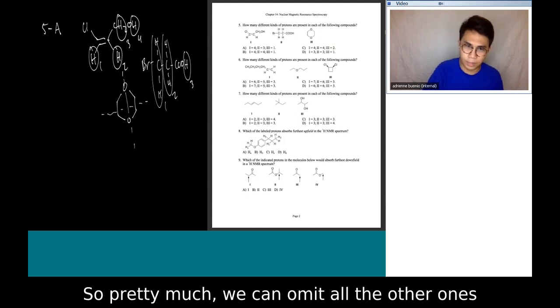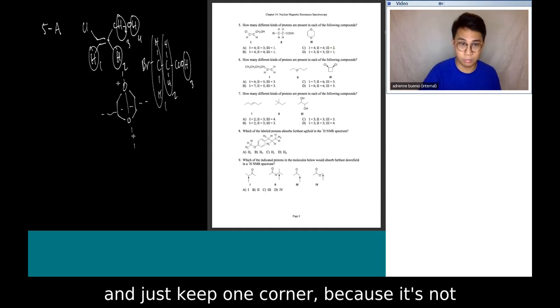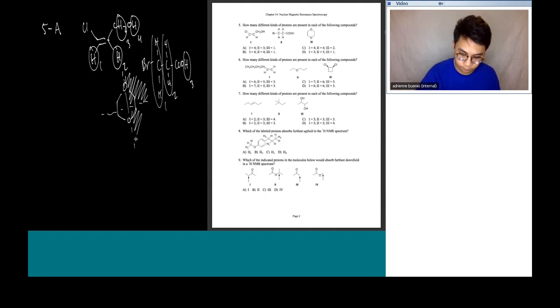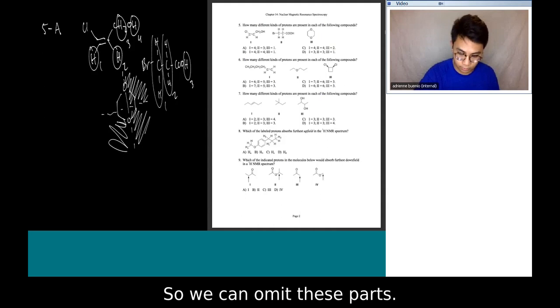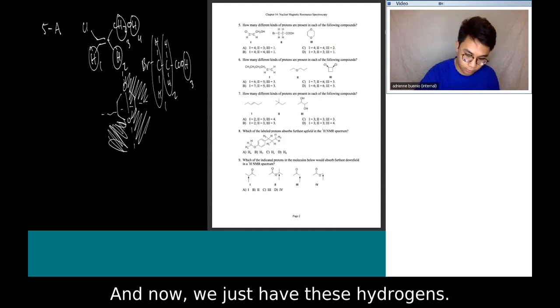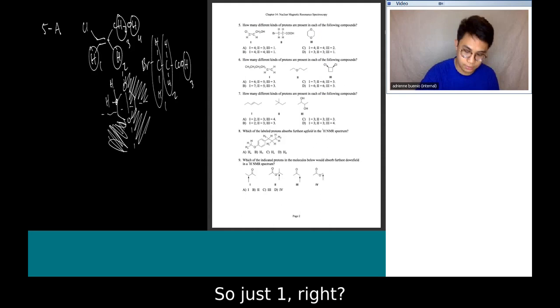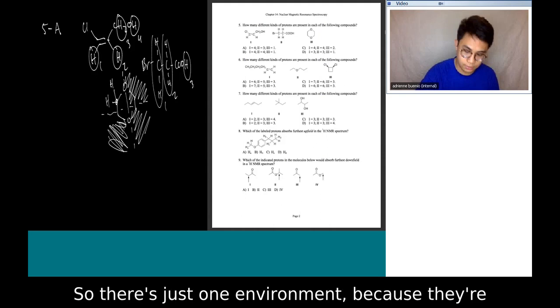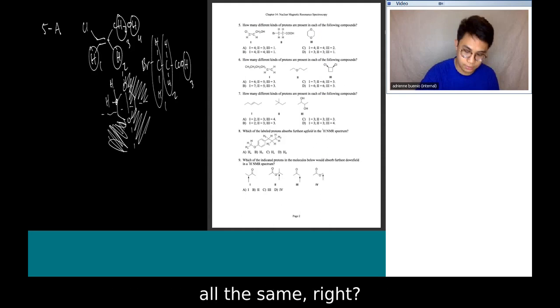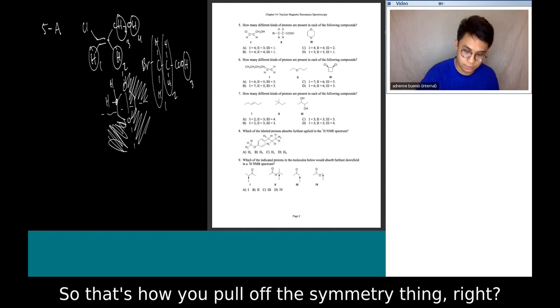So we can omit all the other ones and just keep one corner, because it's not going to matter. We can omit these parts, and now we just have these hydrogens, and they're the same environment, so just one. There's just one environment because they're all the same. That's how you pull off the symmetry thing.